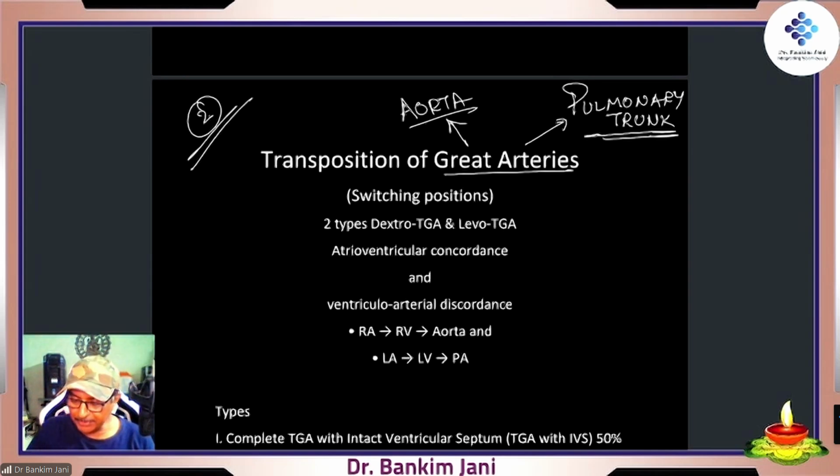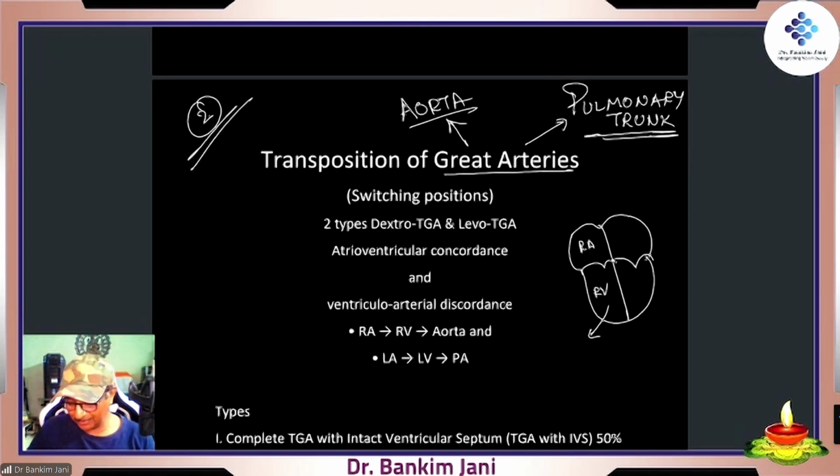It means this is the heart: right atrium, right ventricle, and from here, what if I write aorta? The aorta will be supplying the entire body. From the entire body, blood comes back in the form of the superior vena cava and inferior vena cava to the right atrium.